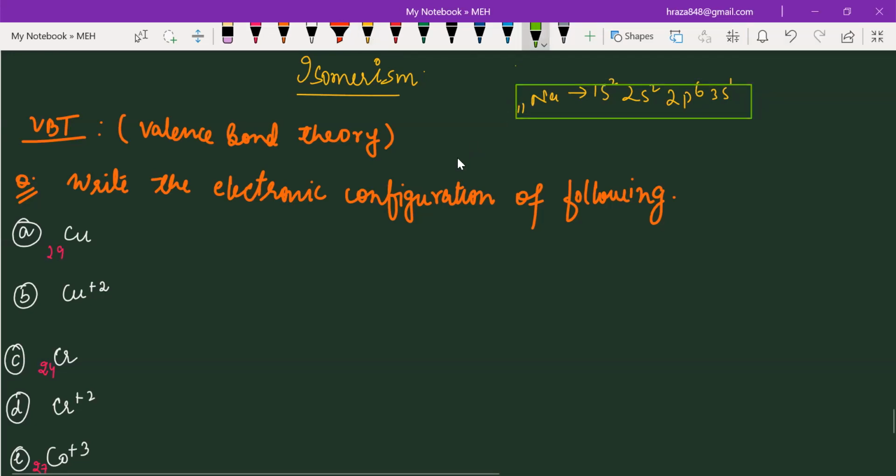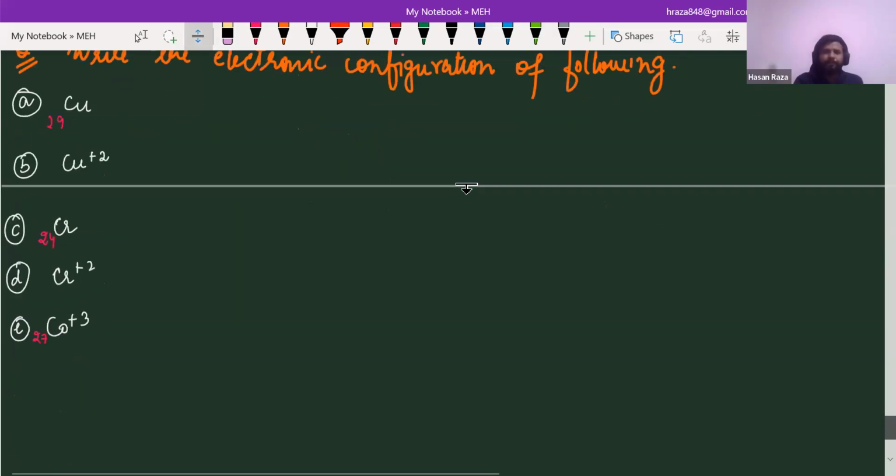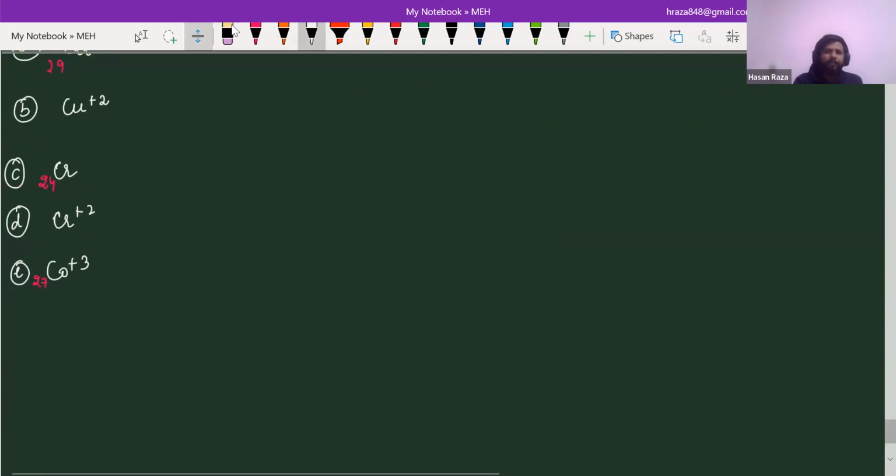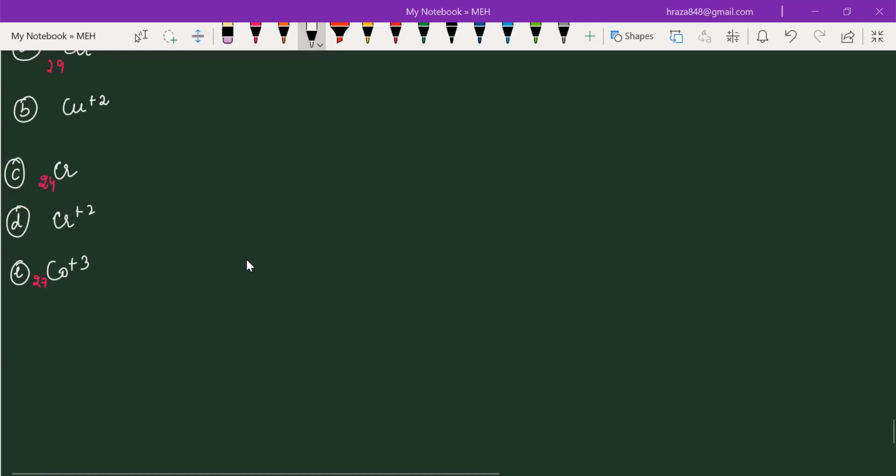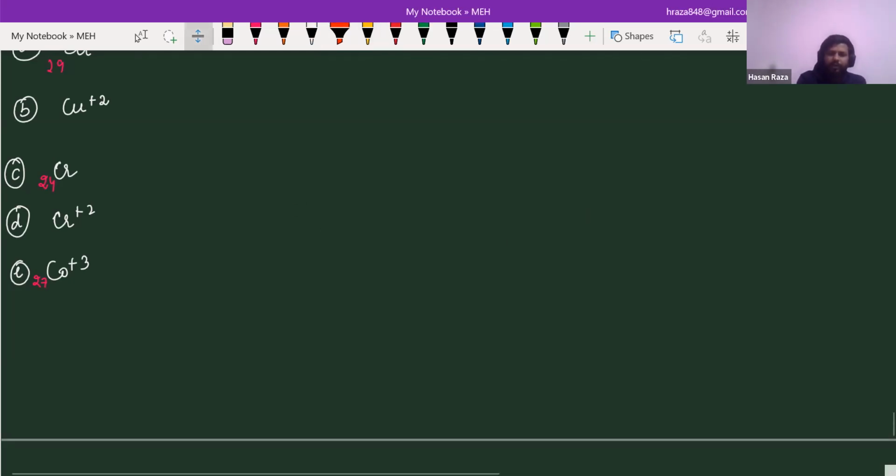Yes. So see, you can see, first of all, this is in NCERT, it is already given. So please do write it.